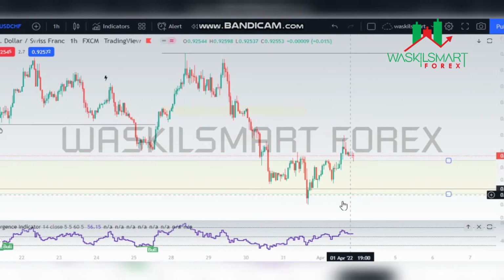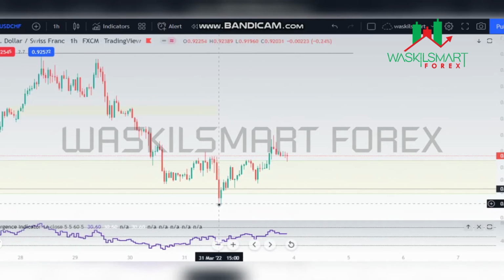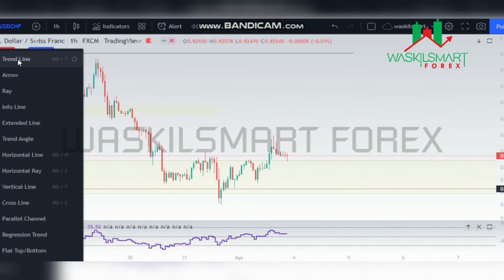When the market gets there with this red candlestick, I'm saying I'm a buyer, but you can't just buy that way. According to our strategy today, we are talking about change of character, fair value gaps and POI.